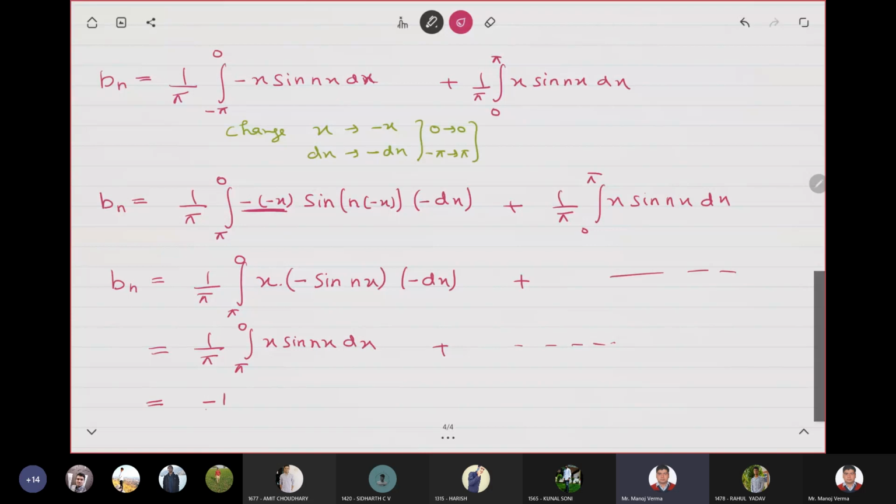It will be minus 1 over pi from 0 to pi x sine nx dx plus 1 over pi 0 to pi x sine nx dx will be equal to, if I can see, the first expression is negation of the second integral. So simply the value of bn will become 0.